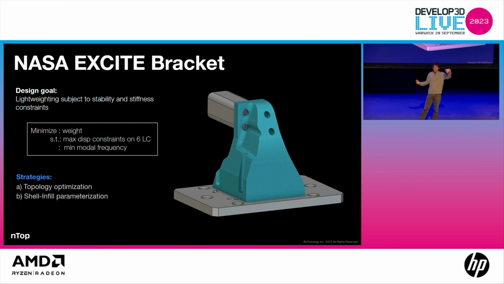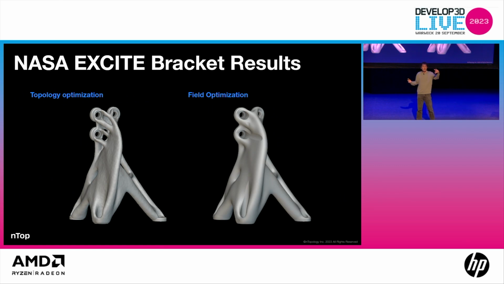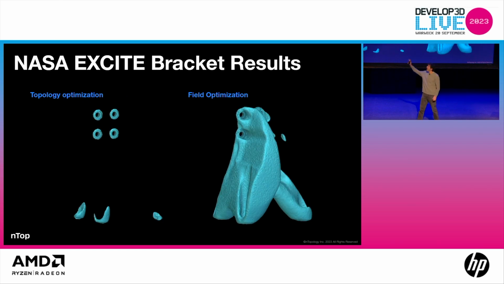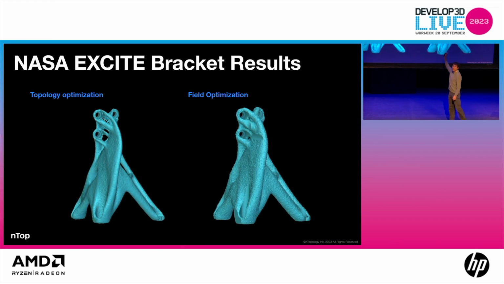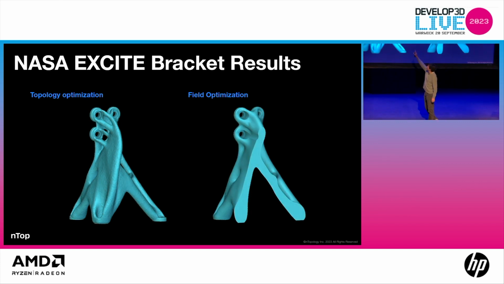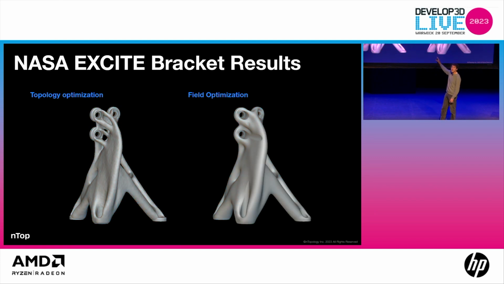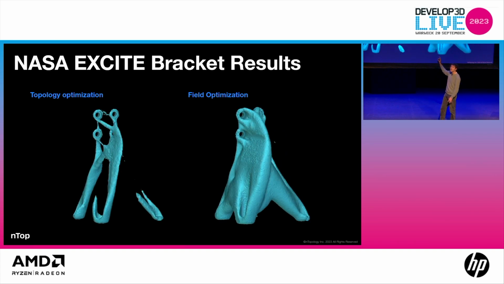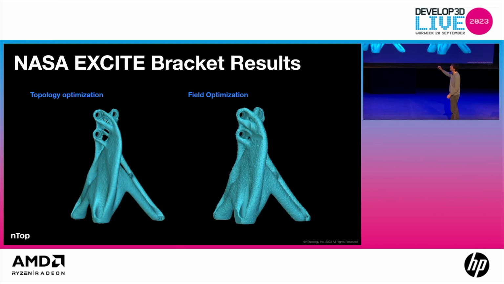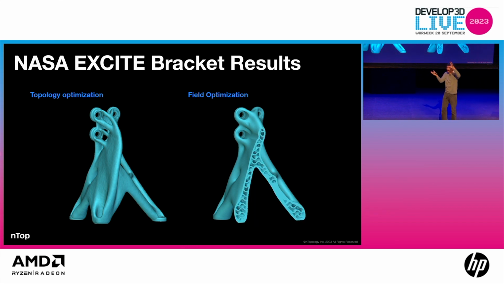Compared to a traditional topology optimization, what does this look like? You could see the traditional top-op part has these thin, wiry members at the top connection that would probably buckle at some point. The field optimization, because it knows it's creating a new material that's a shelled and infilled part, actually creates a more inflated overall global result.